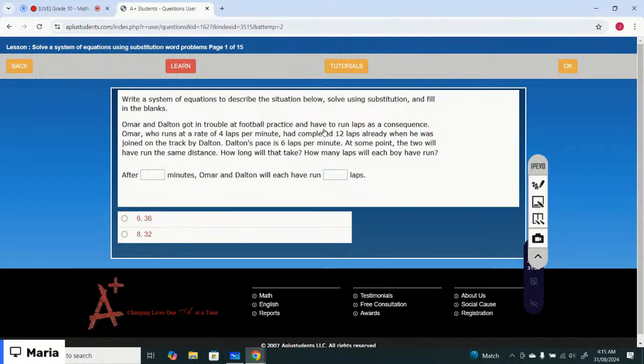Okay. Umar and Dalton got in trouble at football practice and have to run laps as a consequence.